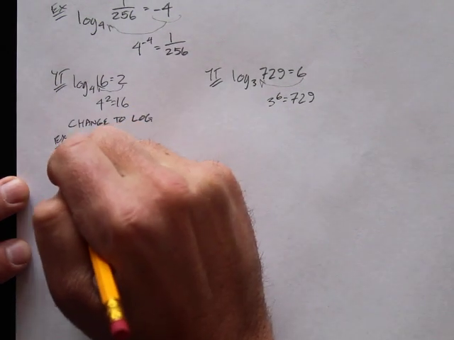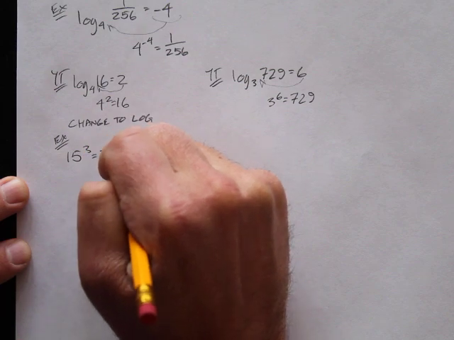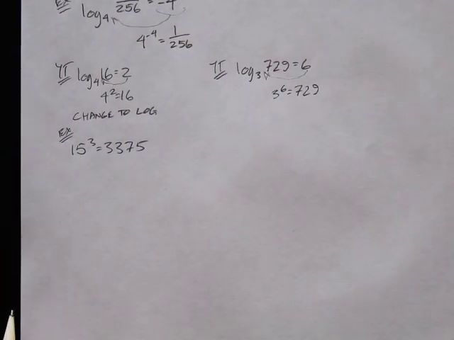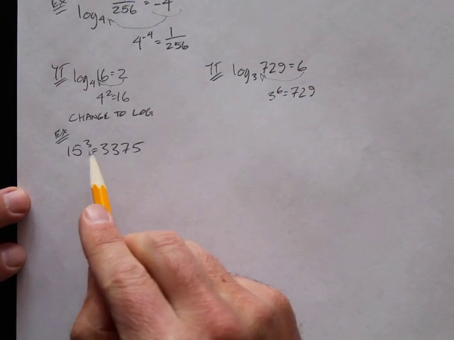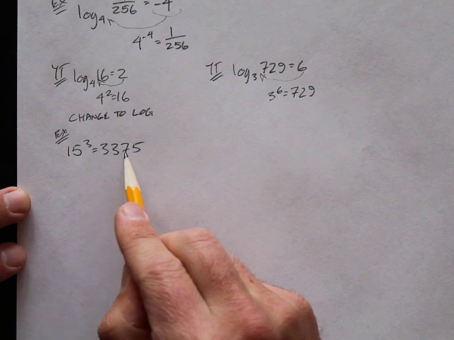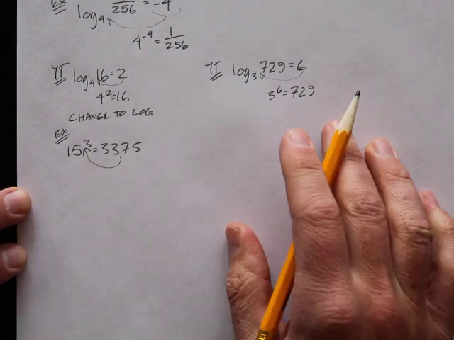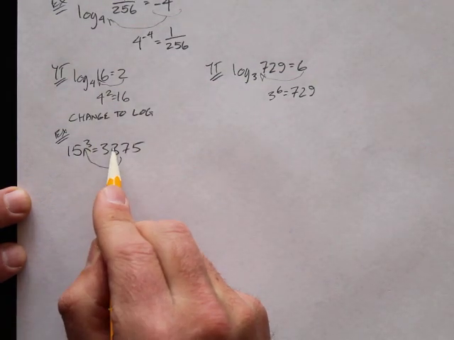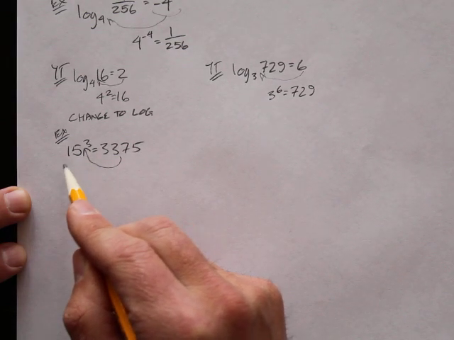15 to the 3rd power equals 3,375. Okay, so what I'm going to do here is I am going to take this 3375 and jam it up in there. And when I do that, this 3 falls over there again, just like it did before, but the 15 gets jammed down.